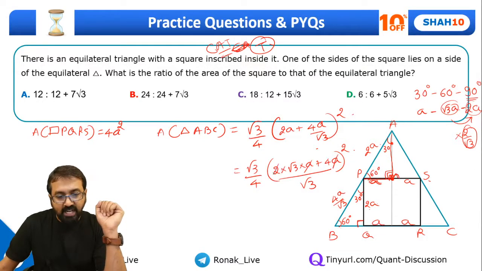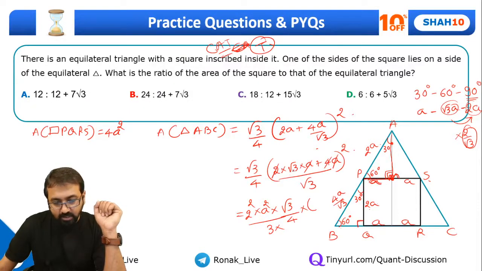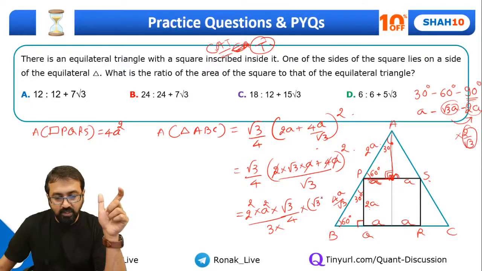from both, and 2 as a common factor from both numerator terms. So I'll get outside 2 square into A square into this root 3 by 4 as it is, upon root 3 square, which is 3, into, now what will I be left with over here? I'll be left with root 3 plus 2.